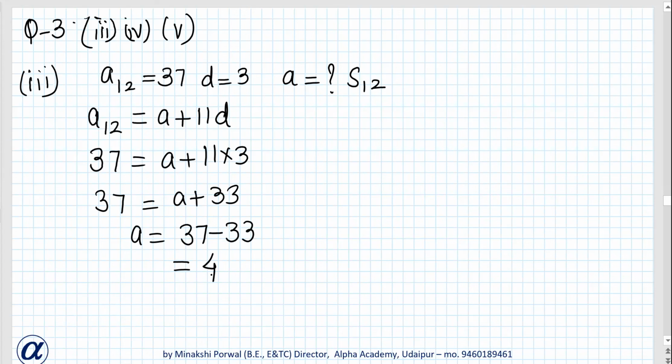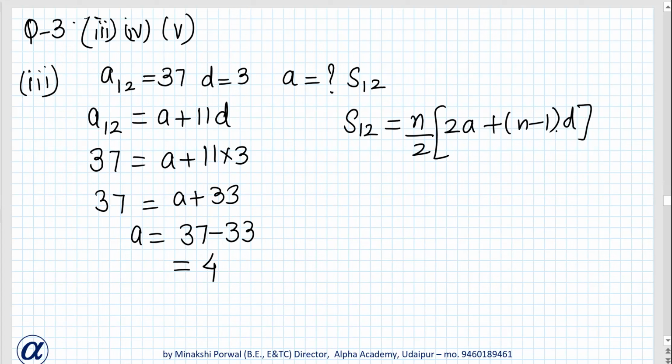Okay. A we got. S12 we have to find. S12 is n by 2 into 2A plus n minus 1 D. Here we can't use the formula n by 2 into A plus L because we don't know the last term here. Okay, we know the last term, so we can use that also. That one is easy actually. Whenever we know the last term, we'll use that one only.